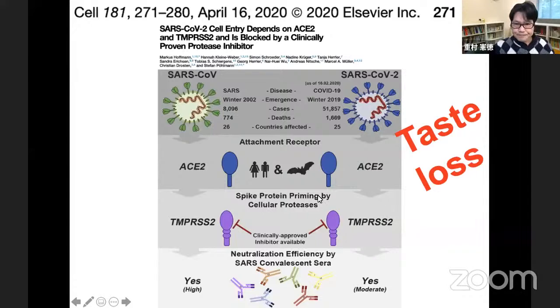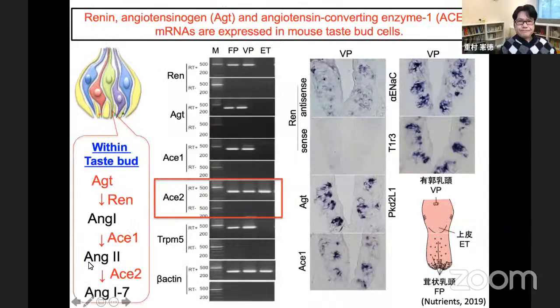This is a protein priming enzyme. So ACE2 and TMPRSS2 are required for SARS-CoV-2 infection. This was reported in Cell, April 2020.